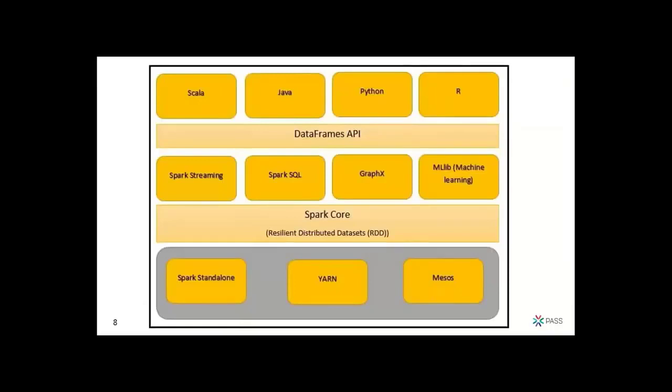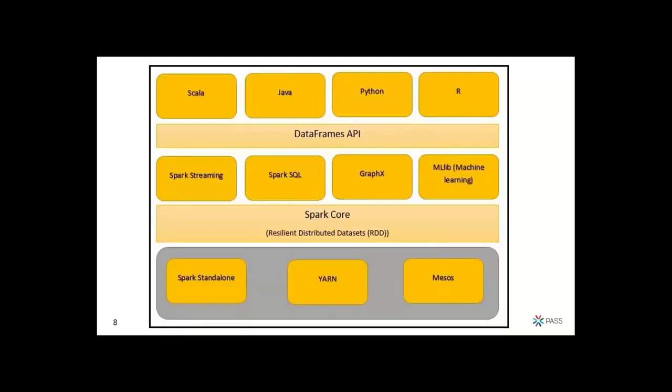This is a more in-depth look inside Apache Spark's internals, ecosystem and some deployment models. Here you can see Spark is written in Scala, as I've already said. It provides a high-level API, and this API enables it to support scripting languages like Python and R. Spark supports ANSI SQL and HiveQL.